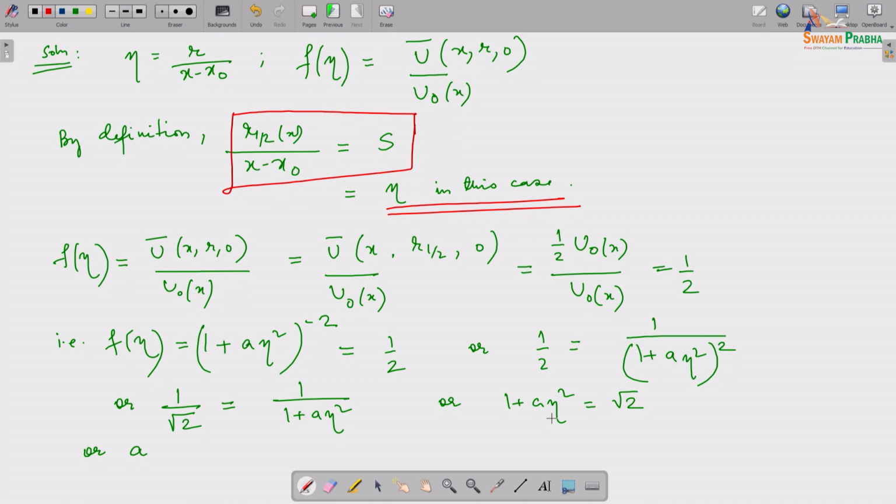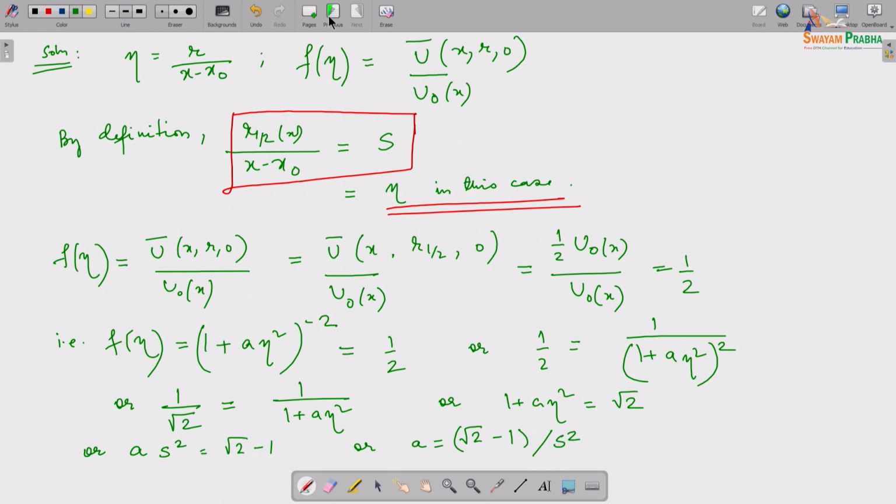So therefore, a s square is equal to root 2 minus 1, or a is equal to root 2 minus 1 by s square.